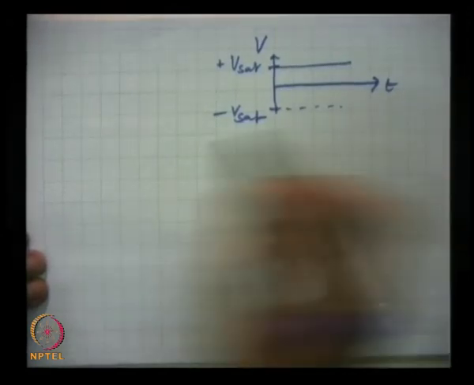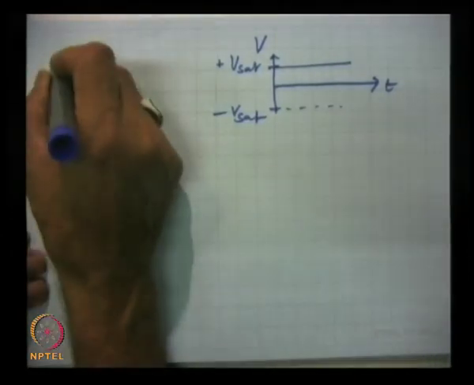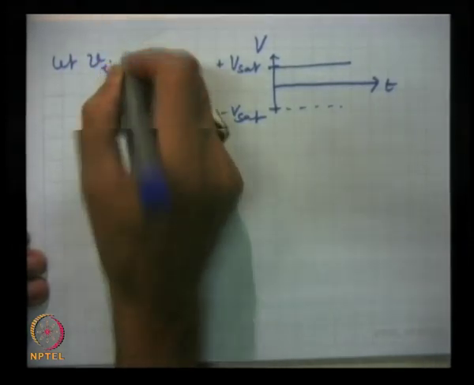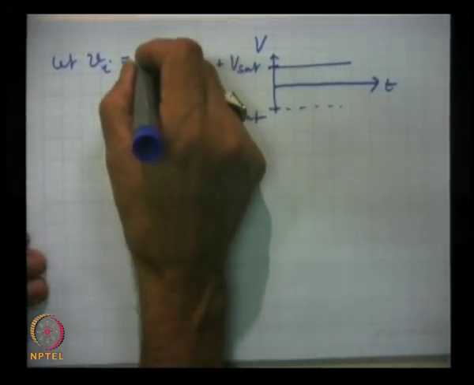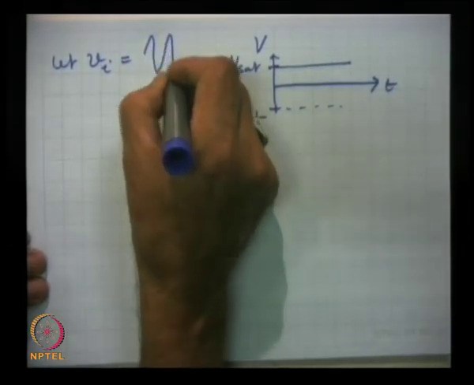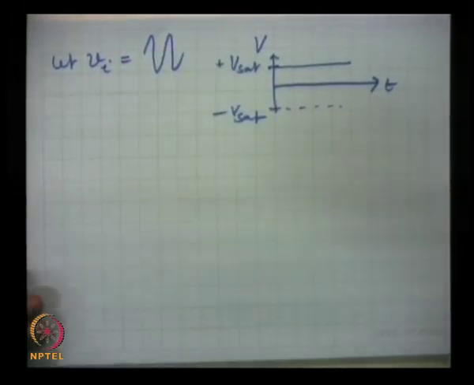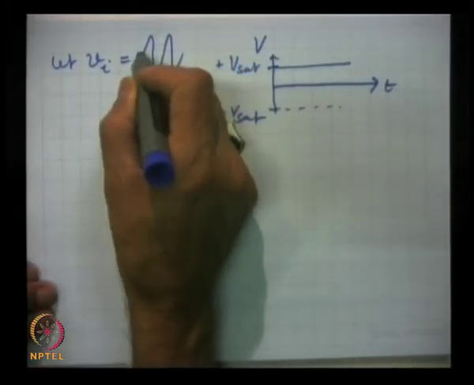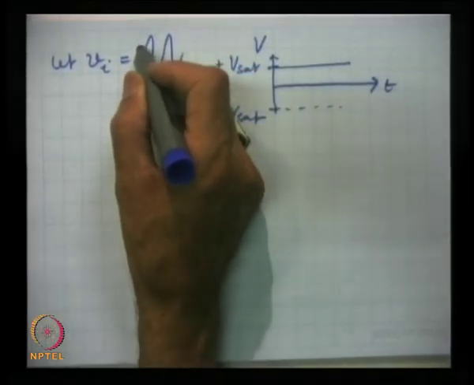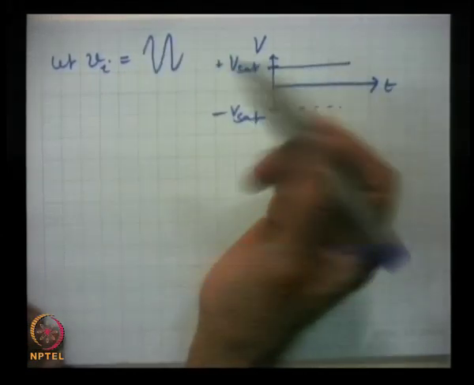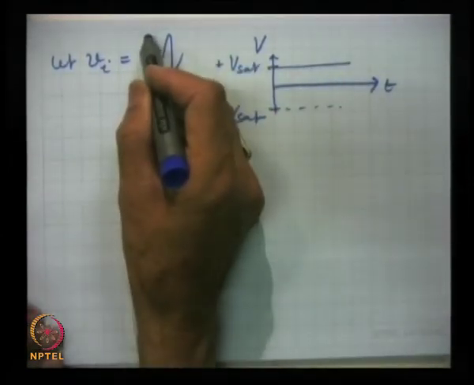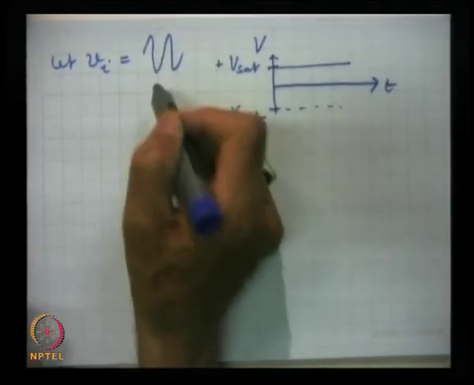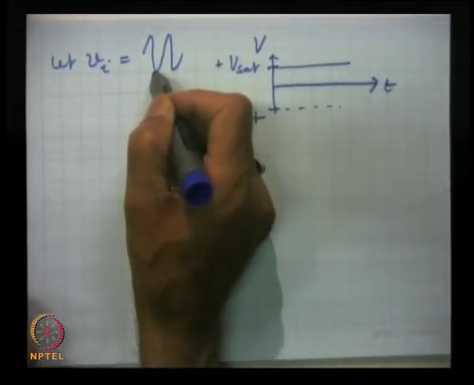Now, if we apply a sinusoidal signal, let Vi be sinusoidal like this. This is the input signal, and if this is say of the order of a millivolt, then the same thing will happen. Here it will just saturate at plus V sat, and here it will saturate at minus V sat.